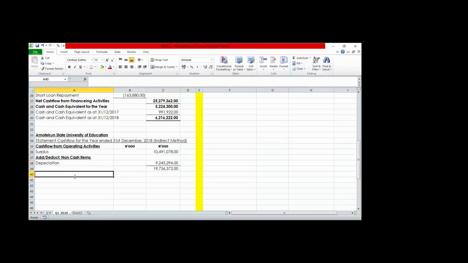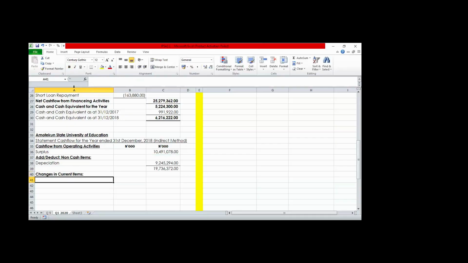Then we now say change in current items. What are the current items that the question is concerned with?